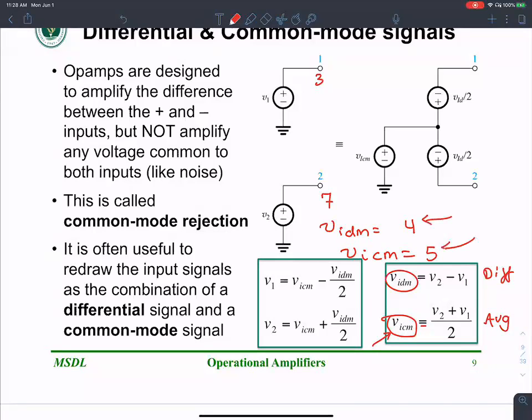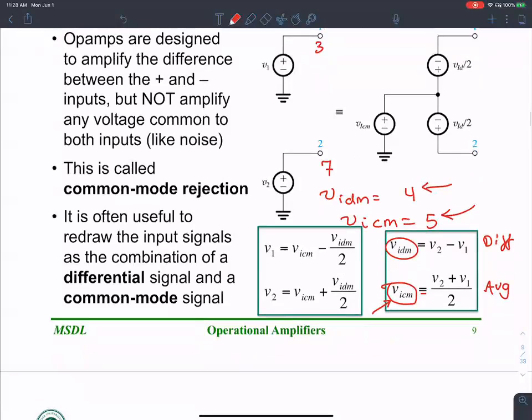The difference is 4. Now the neat thing is one of the voltages can be expressed as V input common mode plus the difference over 2, while the other can be expressed as V input common mode minus the difference over 2.